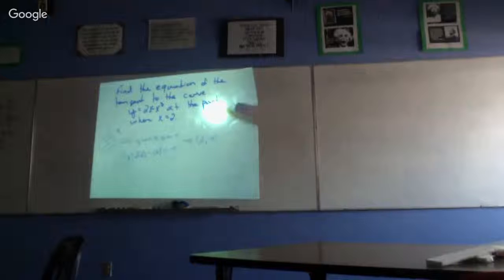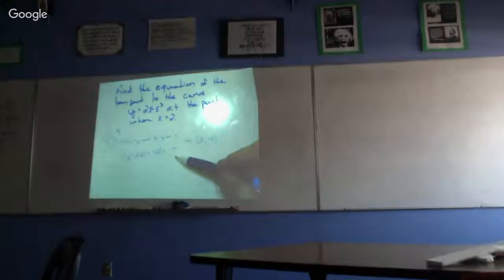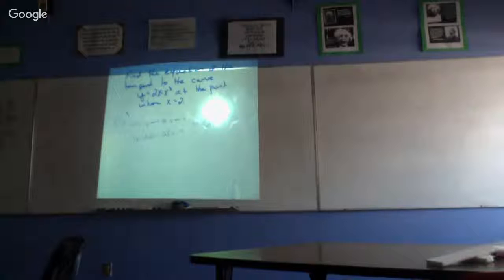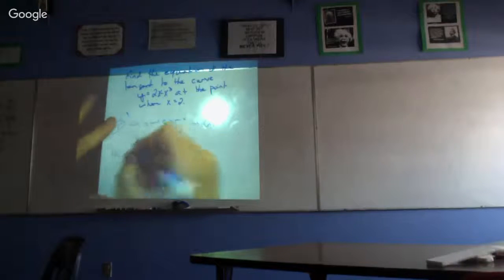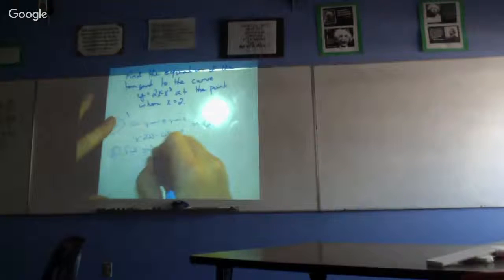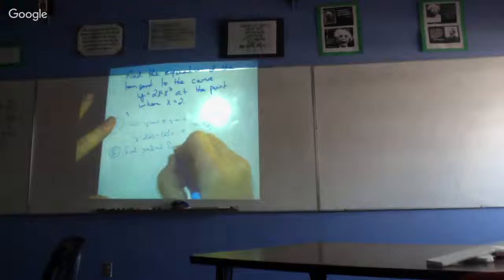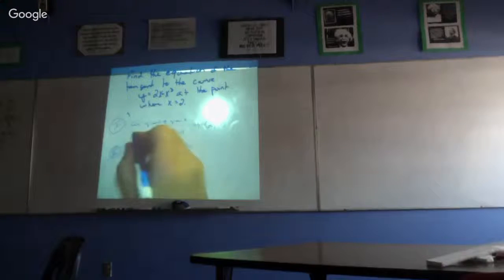You can get that in your calculator from your table or your graph, or you can just do it the algebraic way right here. So this is now our point that we're going to use. The second thing that we do is now we find the gradient function, or in other words, find the derivative.